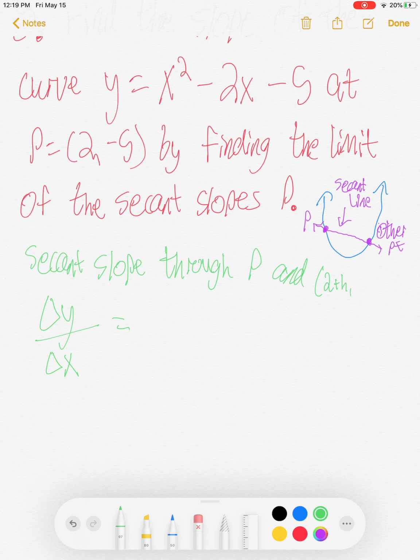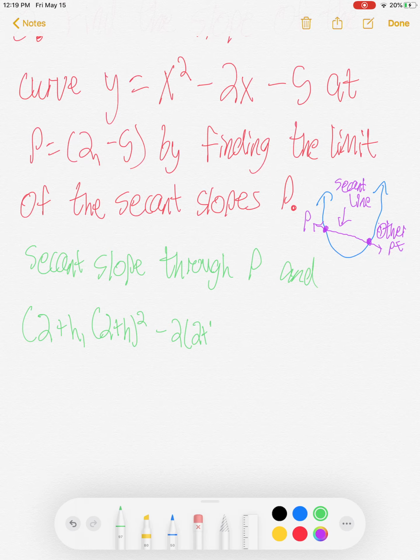I'm disorganized, hang on a minute. Our second point is going to be 2 plus h, and just like before, we're going to plug 2 plus h into our formula. So (2 plus h) squared minus 2 times (2 plus h) minus 5.